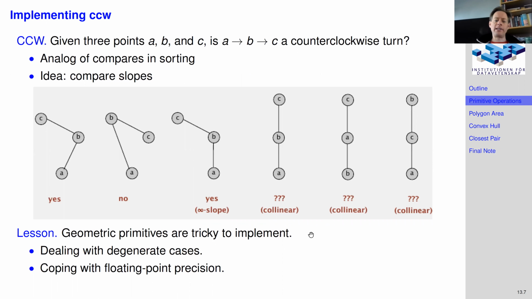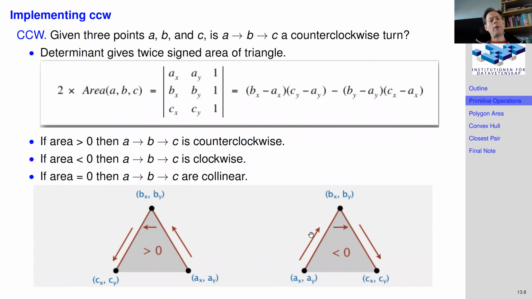It turns out that it's somewhat tricky to compute this kind of thing. We also have the aspects of dealing with floating point precision, which adds another level of complexity when it comes to computational geometry. However, if we compute the determinant of these 3 points, this actually corresponds to twice the area of the triangle.